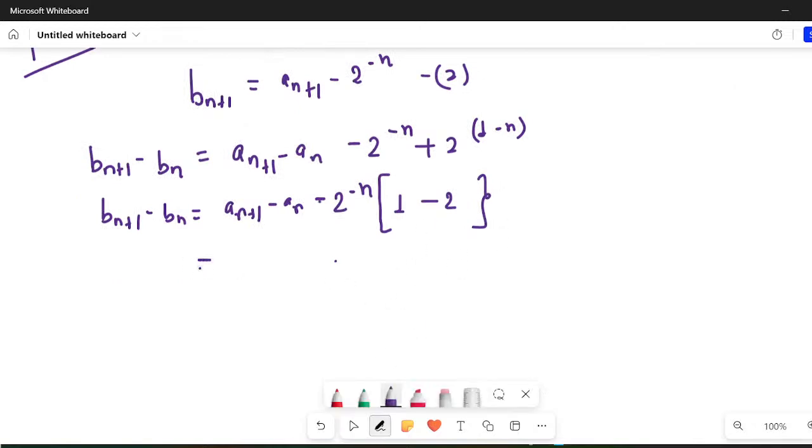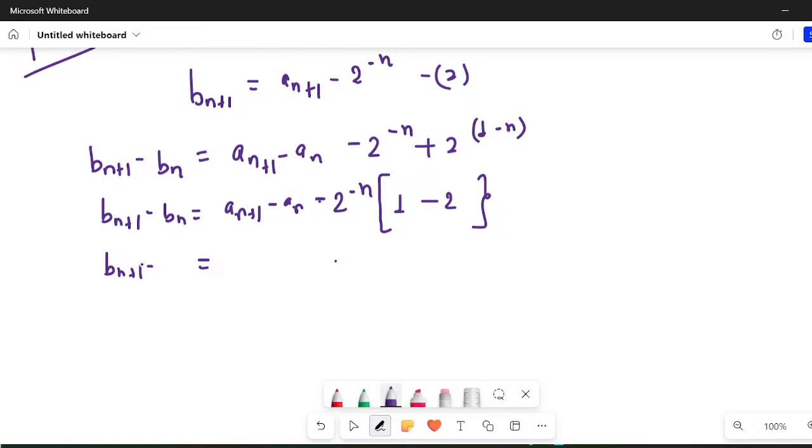So eventually I know that my b(n+1), I think there was a minus there, right? Just give me a minute. I think I have made a mistake somewhere. The question is fine. a(n+1) is greater than or equal to an minus 2 raised to power minus n.